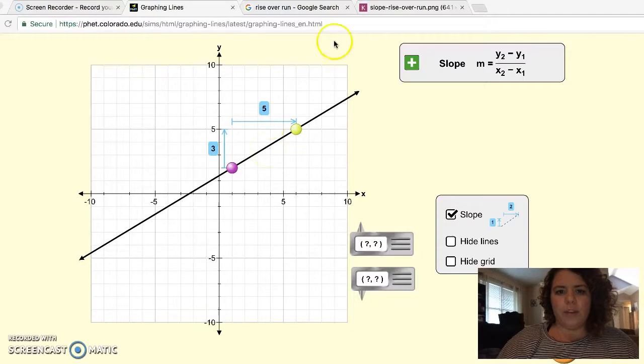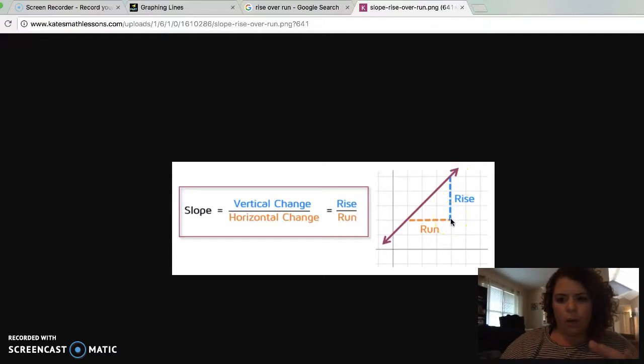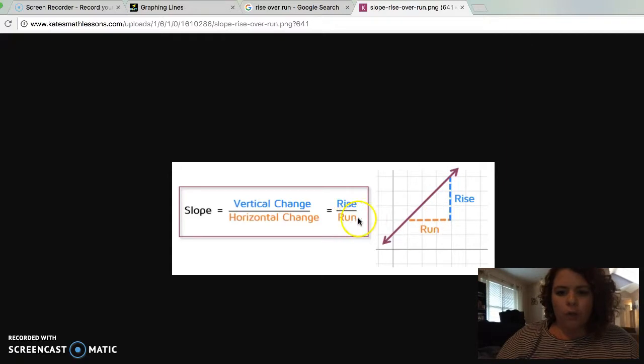So the way that we do that is by calculating rise over run. A lot of you have heard that. So when I say rise over run, what we're looking at is the vertical distance, or how far apart these 2 points are height-wise, tall-wise, over or divided by how far apart they are wide or horizontally.